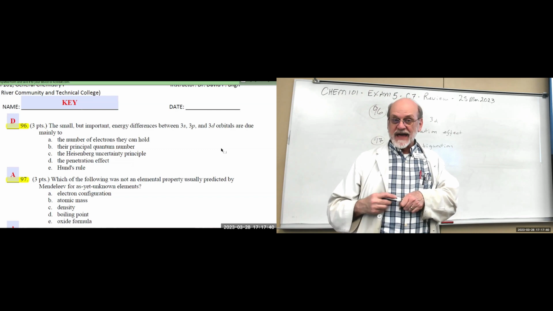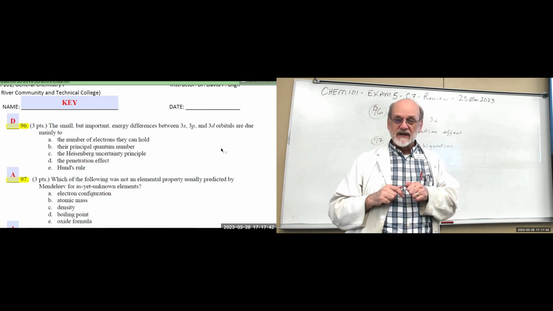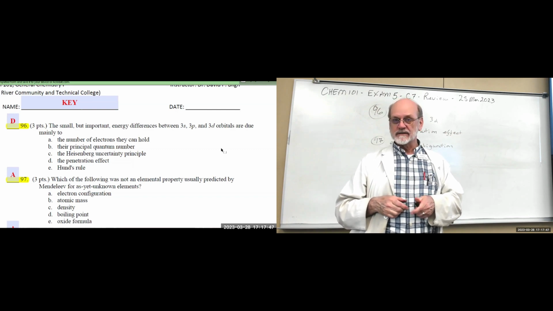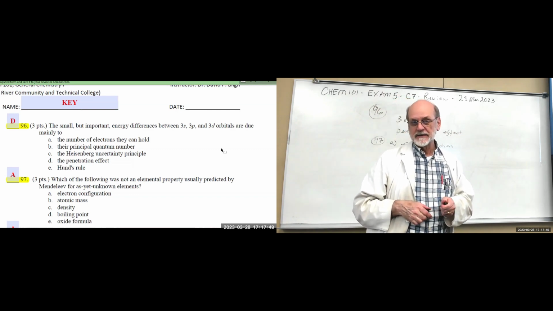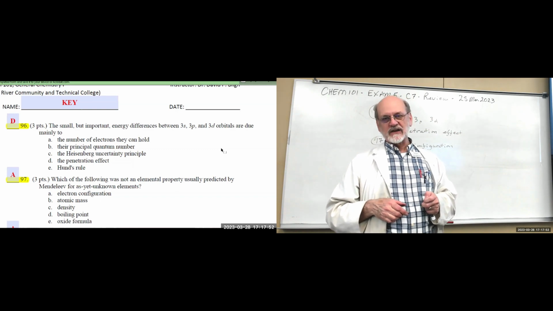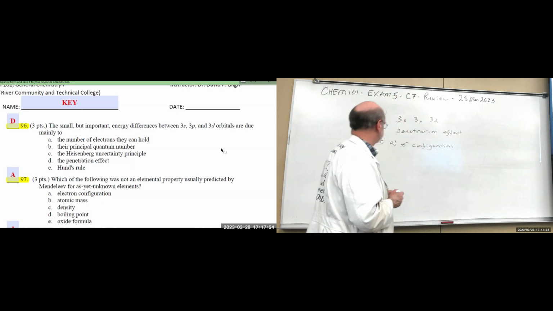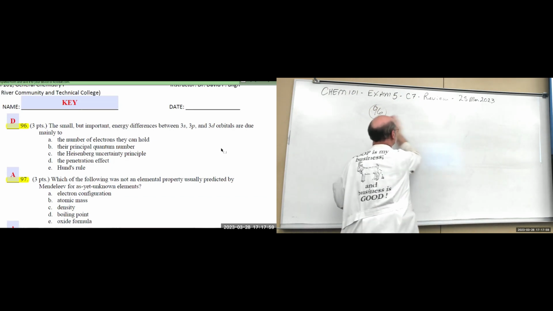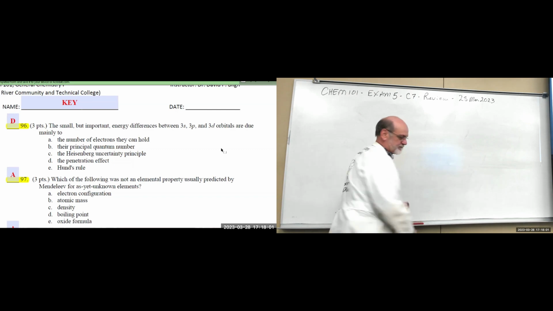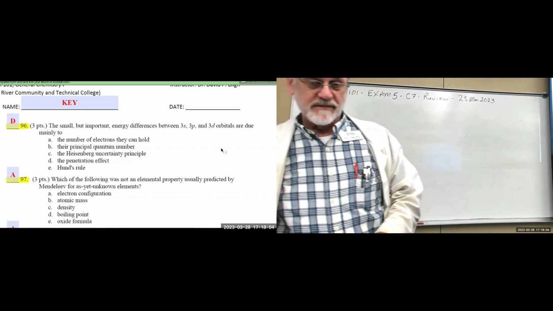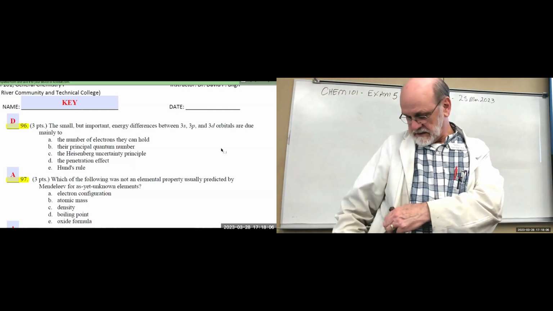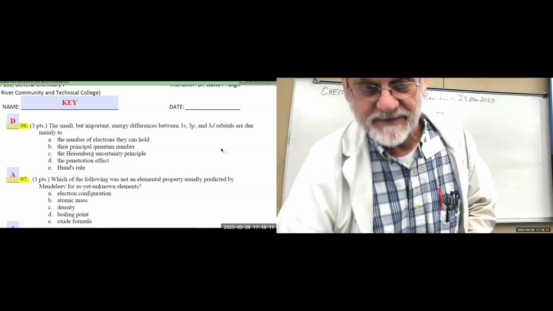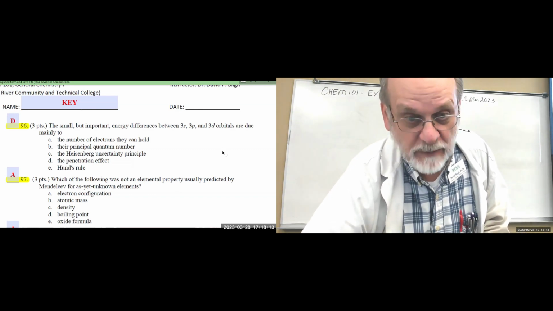Now, he knew the atomic mass, he knew the density, he knew the boiling points, he even knew the oxide formulas of all the metals and many of the nonmetals. But he knew nothing of electron configuration. Which makes his accomplishments even that much more unbelievable.